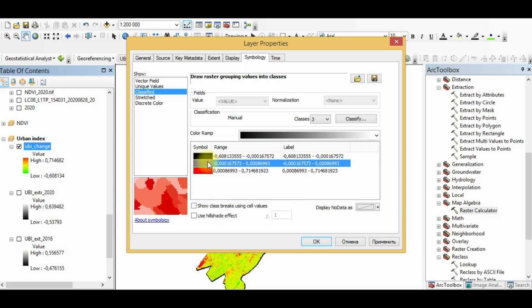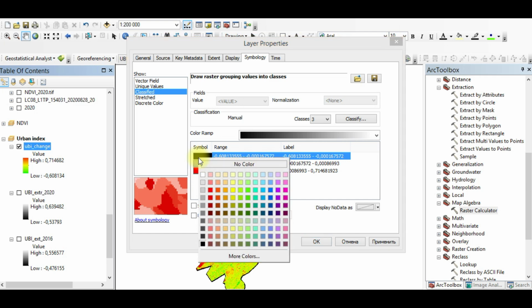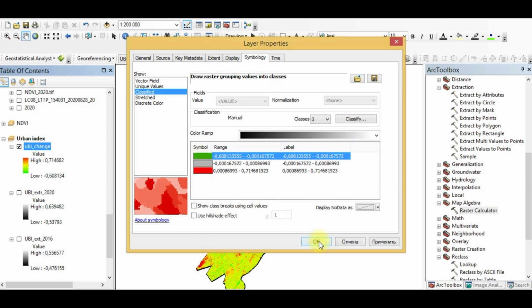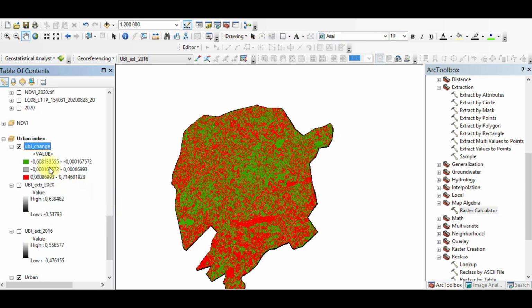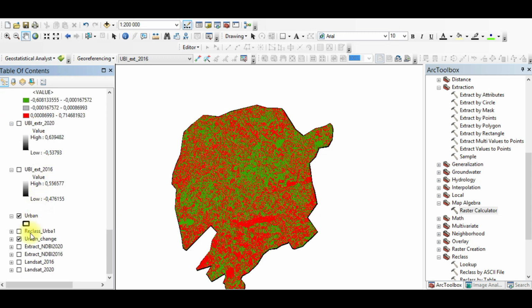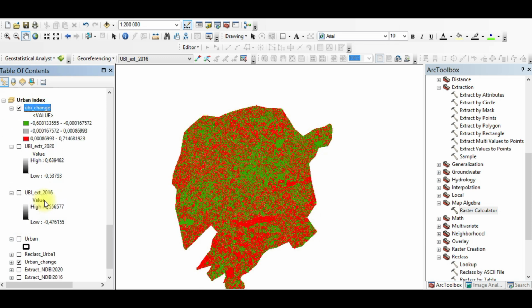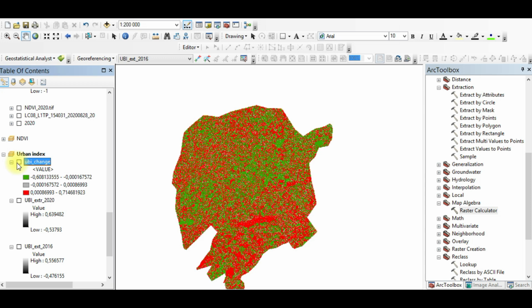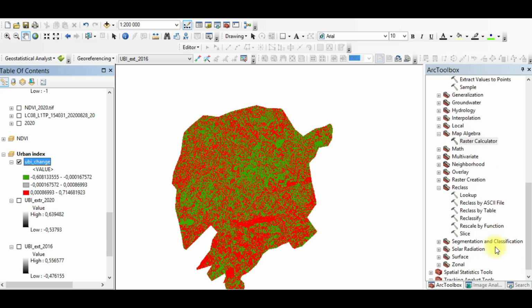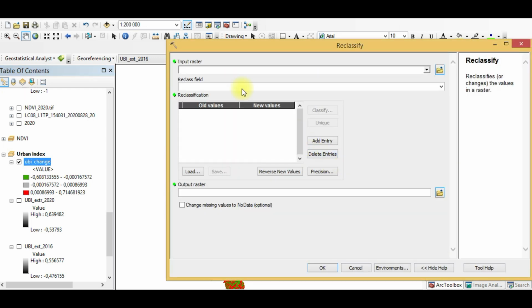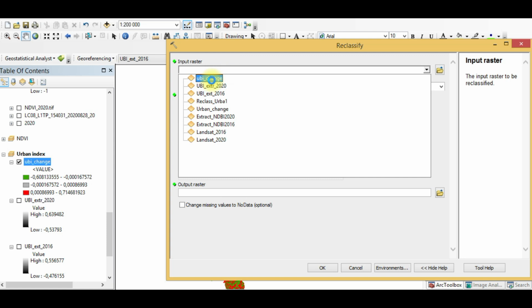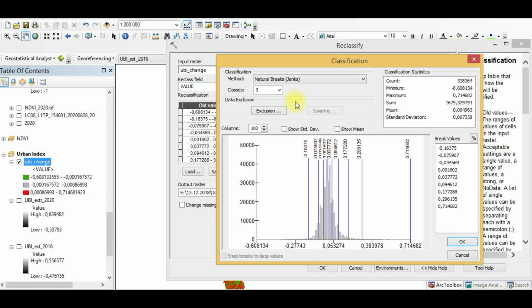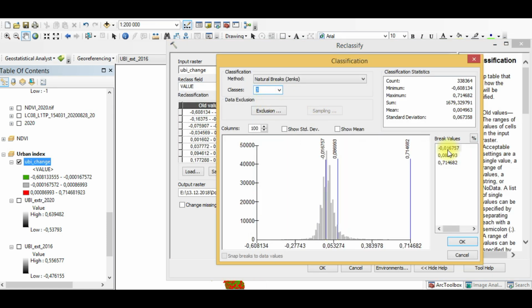Gray is no change, and this one is a reduction of urbanization. And we can compare now. See, probably this urban change has fewer negative values. So let's reclassify urban change, reclassify 3.